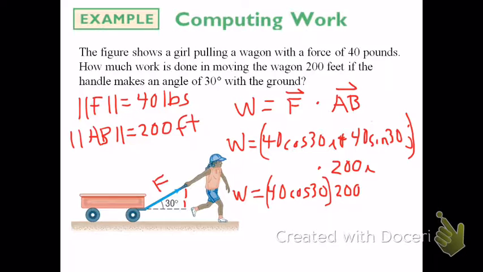And then if we look at multiplying the vertical components here in our dot product, we note that the AB vector has a vertical component of 0. So we're just going to end up with 0 for the second product here, aren't we? And so our work then is going to be our 200 times the 40, or 8,000, times the cosine of 30 degrees.